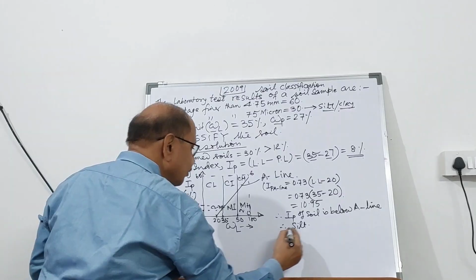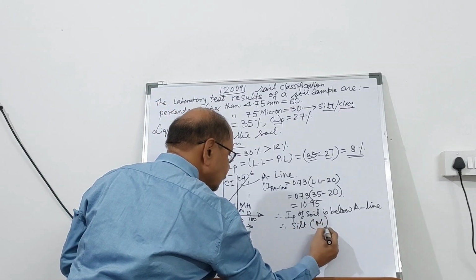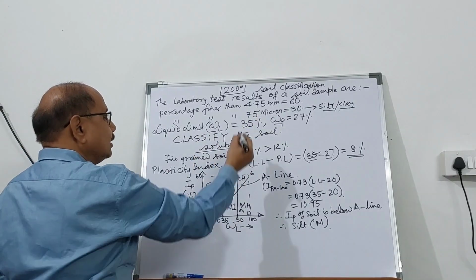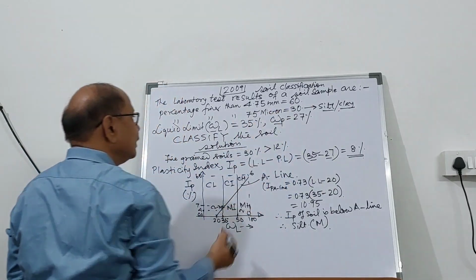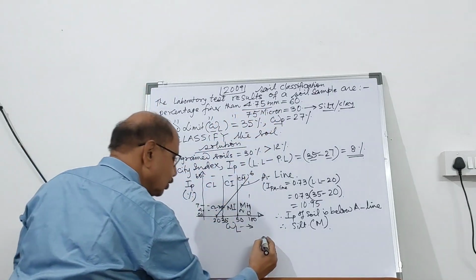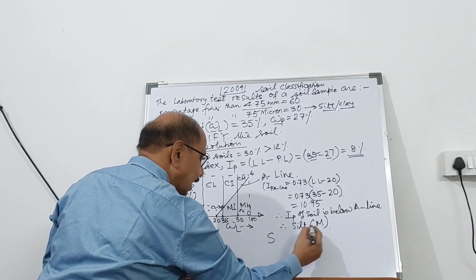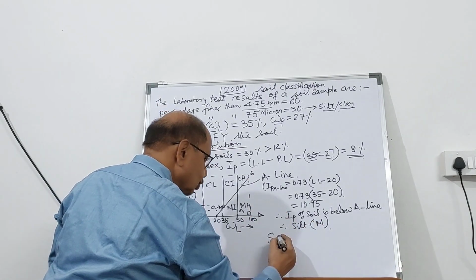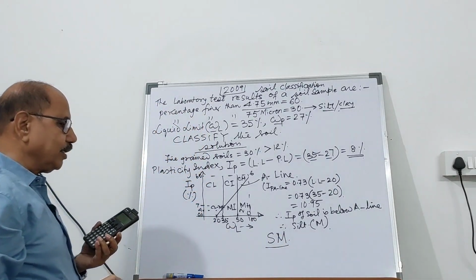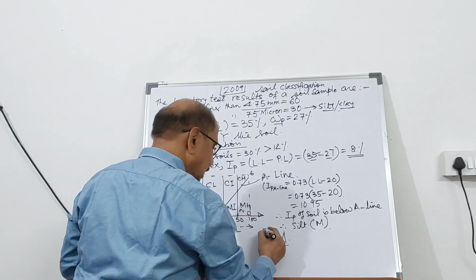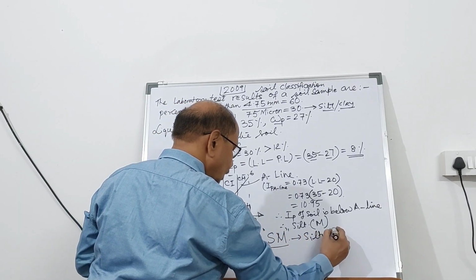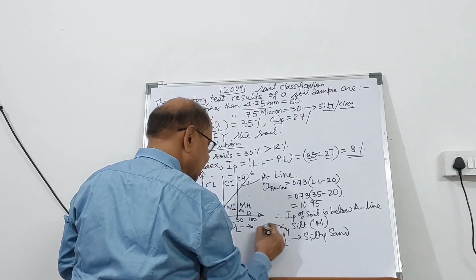Therefore the classification for silt is M, and for this 60% finer than 4.75 mm, it is going to be sand. So sand and the fines are going to be silt. So the classification will be SM. So it is going to be silty sand. So the classification therefore is silty sand. So the answer is SM.